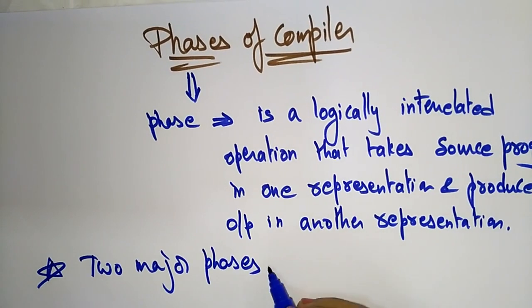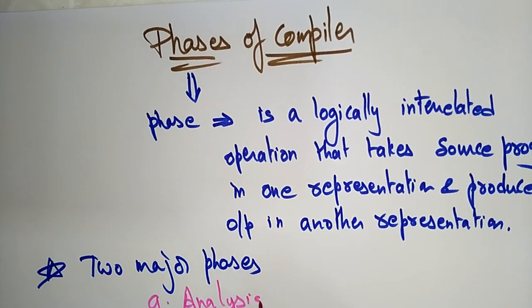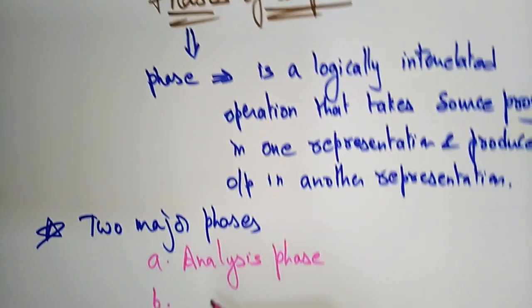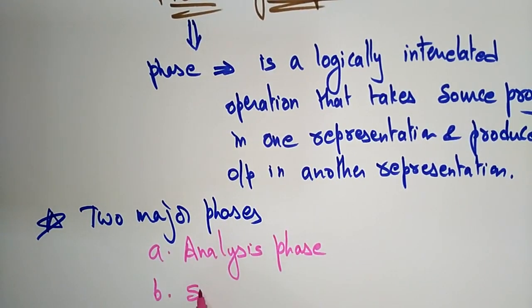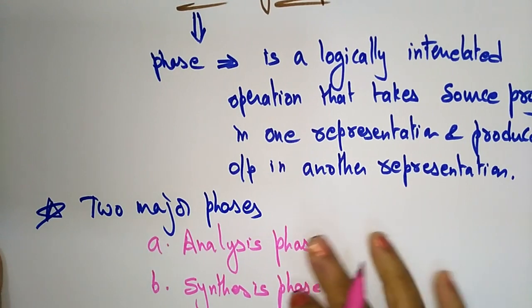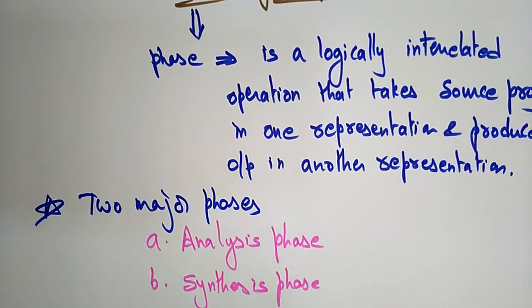So what are those two major phases of compilation? One is the analysis phase, and the other is the synthesis phase. The total compilation process is divided into these two.